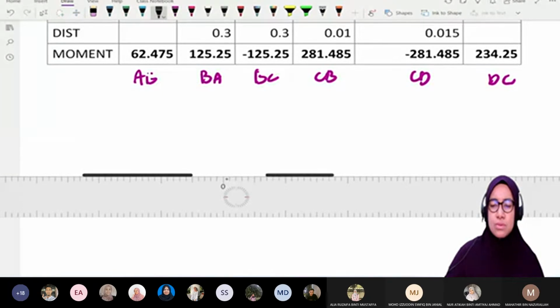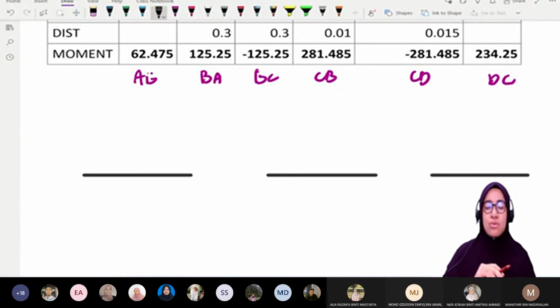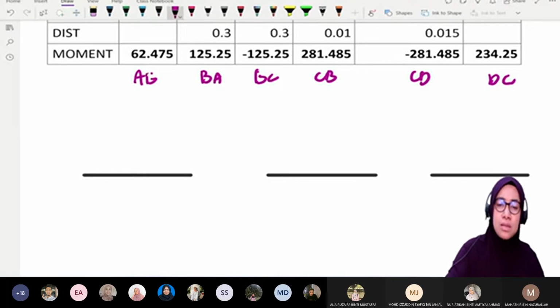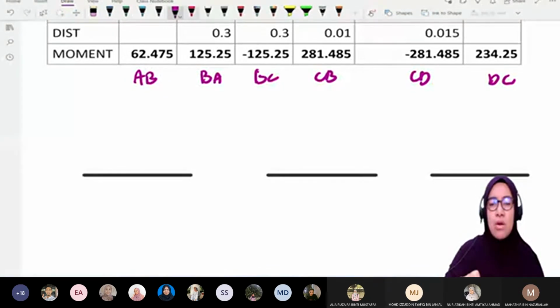So one by one member. Okay, you just need to refer to the moment direction. Moment direction untuk identify the position of the moment in the diagram. Okay, kita tengok dia punya direction.